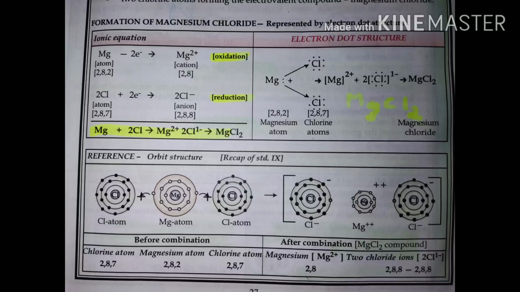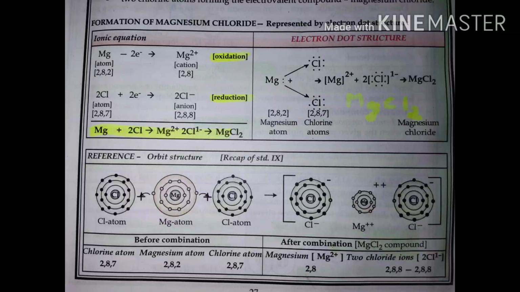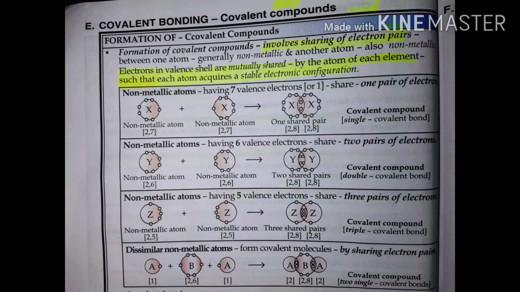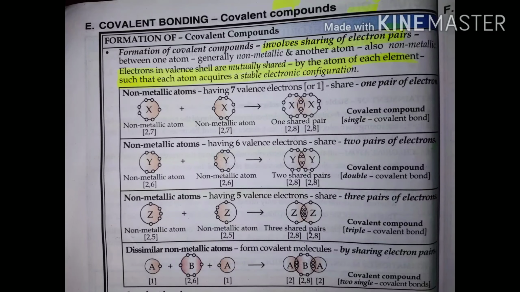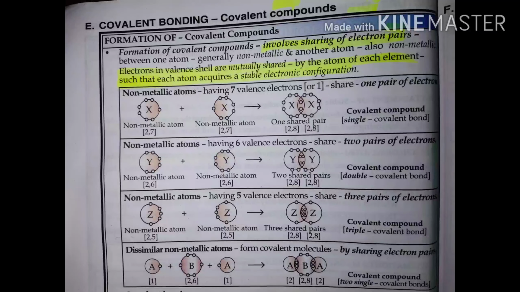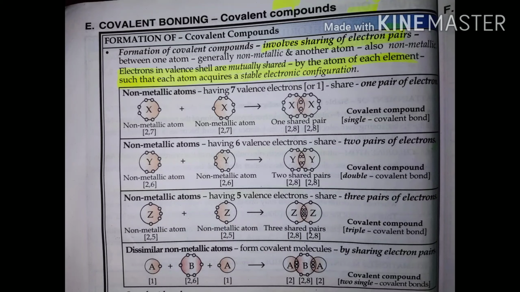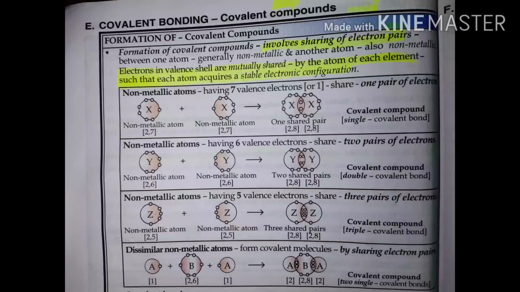So now we have finished with the formation of electrovalent or ionic compounds, and in the next part, in this lecture only, we are going to cover covalent bonds. Now we will turn to page number 28, covalent bond and covalent compounds.